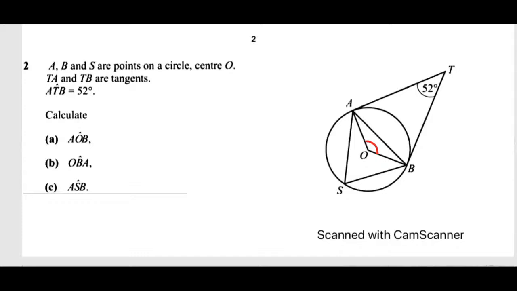Very good. Excellent. Very good, Saneem. The idea is that the angle between the radius and the tangent of the circle is 90 degrees. Now, what is this? This AOBT is a kite. It is a quadrilateral, a four-sided figure.